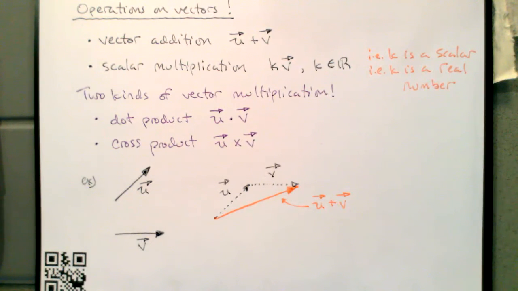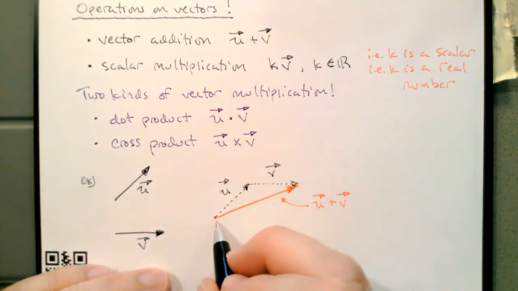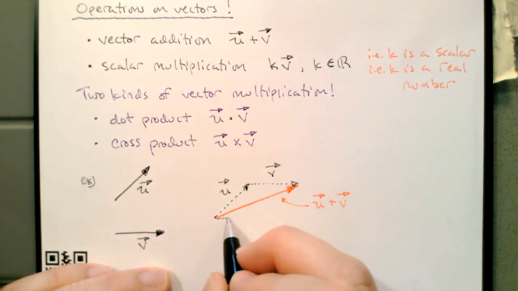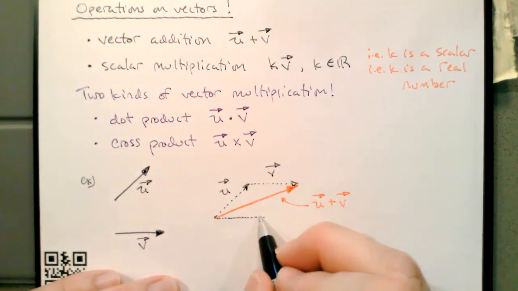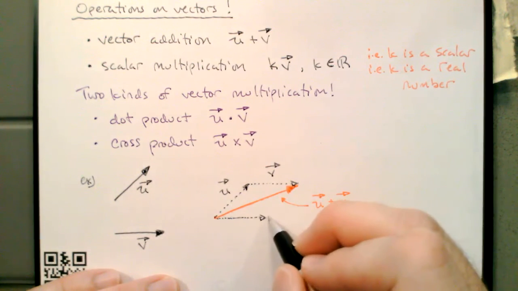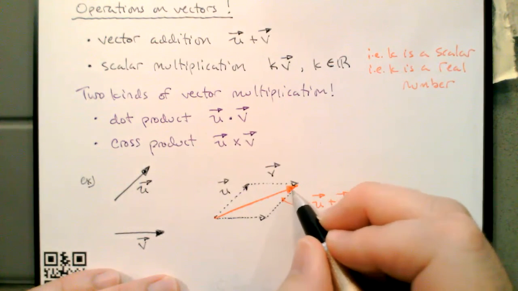This is addition, and one of the things that we like about our addition is for addition to be commutative. Is u plus v the same thing as v plus u? And the answer is yes, otherwise I wouldn't have brought it up. If I draw the vector v, 1, 2, 3, and then at the end of v, I tack on the vector u, I just finish off this parallelogram.